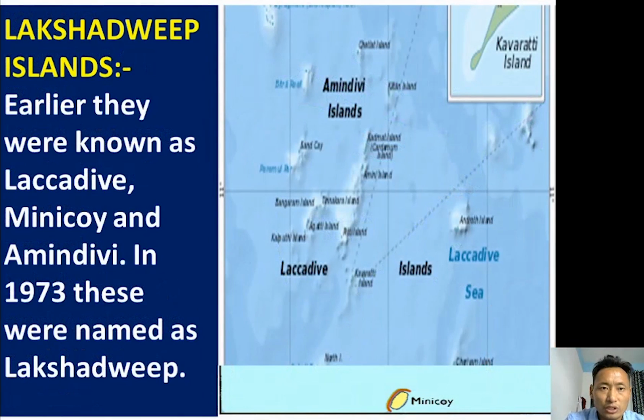First, we are going to learn about the Lakshadweep Island group. Earlier, Lakshadweep had three main names: Laccadive, Minicoy, and Amindivi. In 1973, these three island groups were collectively named Lakshadweep Islands.